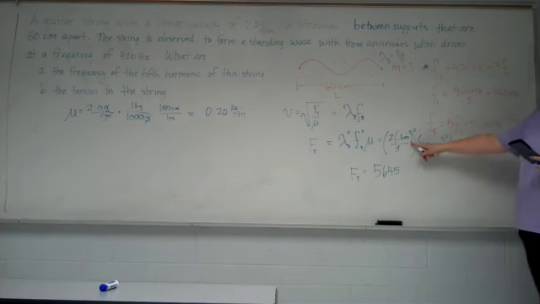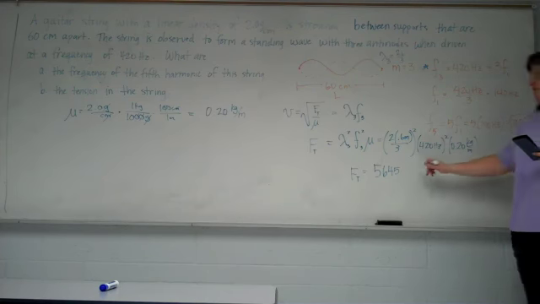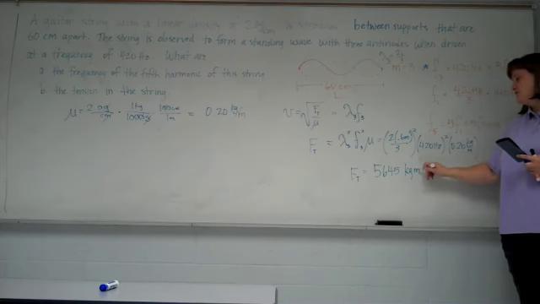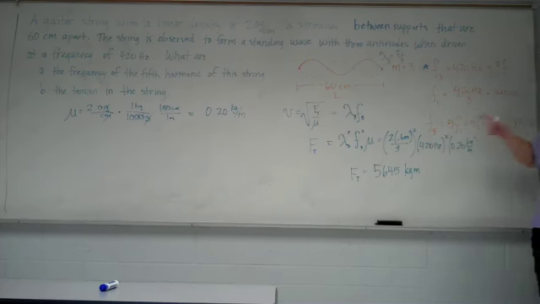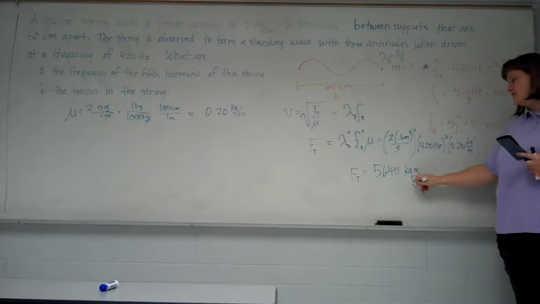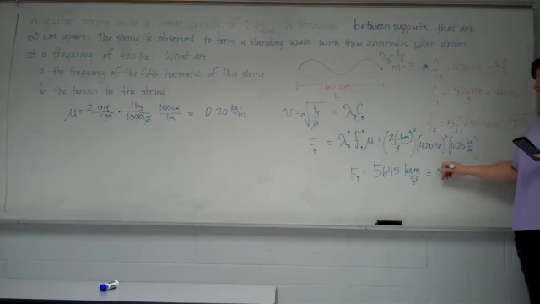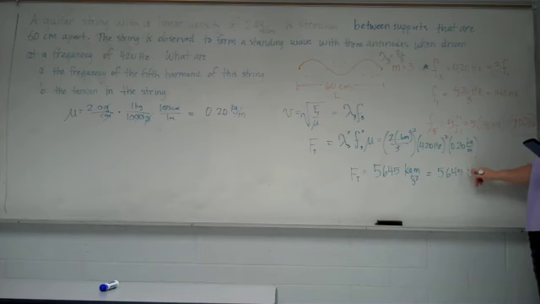So we have meters squared there, which is going to cancel with one of those. We have our kilograms there. So we have kilograms, meters. Hertz is 1 over seconds. Once we square it, that's where we're going to get our seconds squared. So, really big tension. So I'm assuming our string is capable of withstanding that.